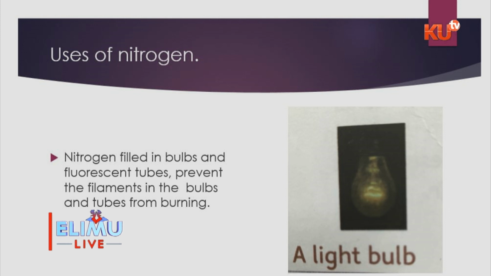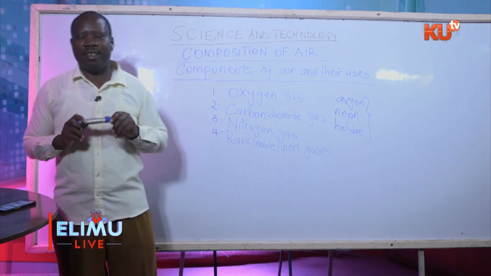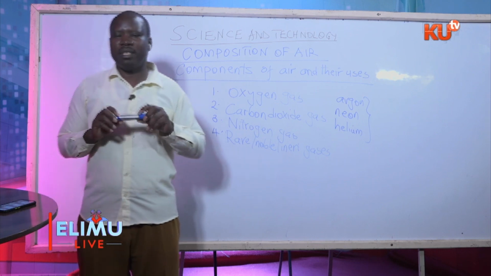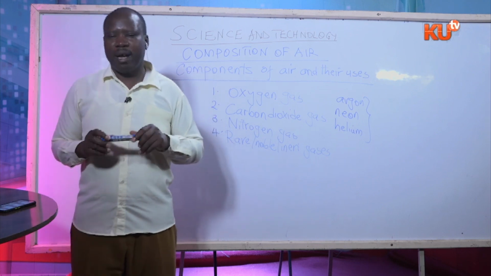Now, what prevents that small wire called filament inside a bulb from burning out? It is the air inside the bulb, called nitrogen, that prevents that filament from burning. So that's the fourth use of nitrogen.